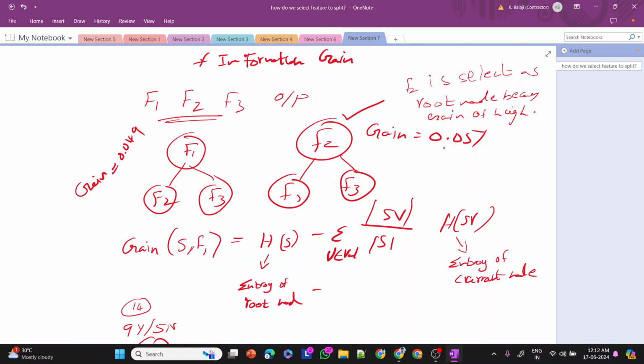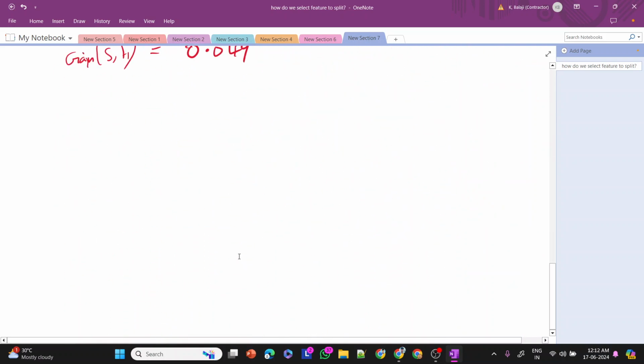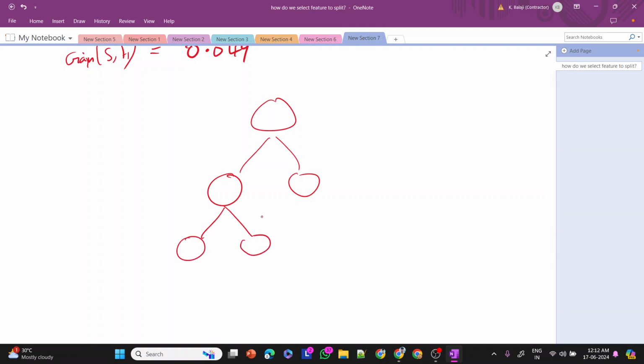Okay, like this the tree forms for every feature. By using this tree-like structure, we give an input, go to the root node, and find what the output will be for the input data.